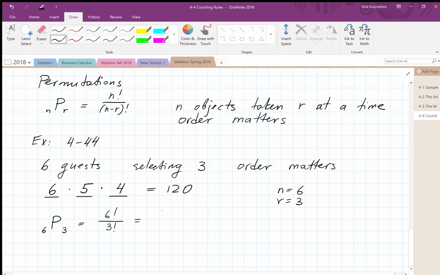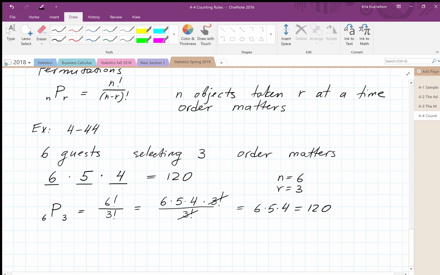If you rewrite 6 factorial out, you have 6 times 5 times 4 times, and then 3 to 1, meaning 3 factorial. So at any point you can stop and substitute this with factorial. Notice that the factorial on the top and on the bottom cancel out, and you do end up with 6 times 5 times 4, which is 120 different ways.